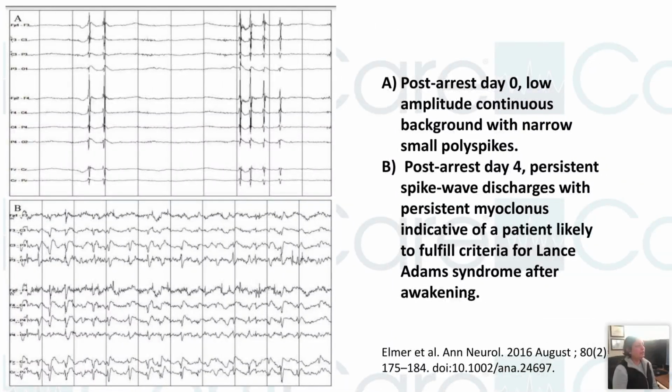Another example here: very low voltage attenuated background with narrow and small polyspikes. Day 4, the patient has spike wave discharges with associated myoclonus. Since it happened post-arrest day 4, this is going to be Lance-Adams.